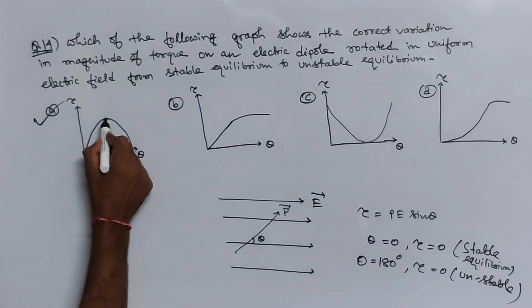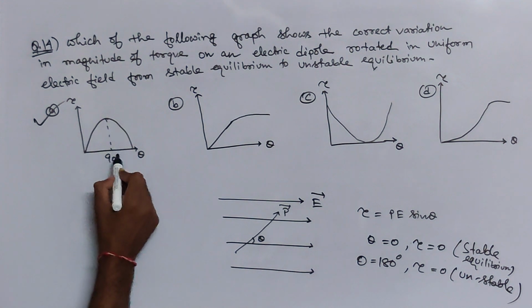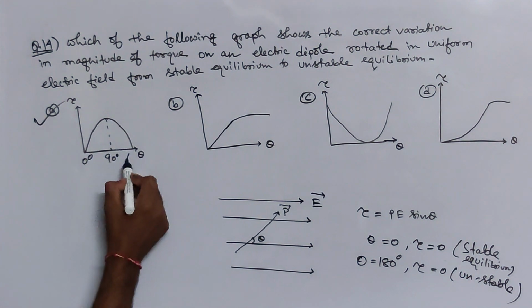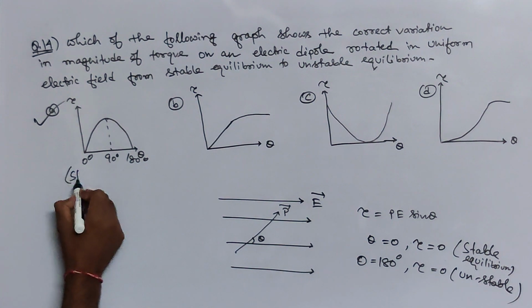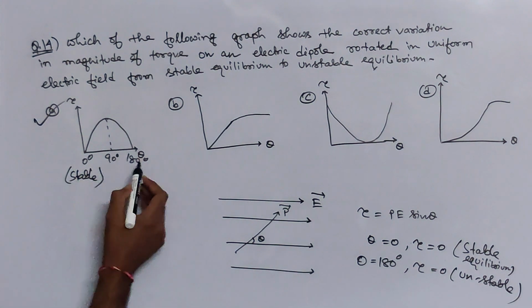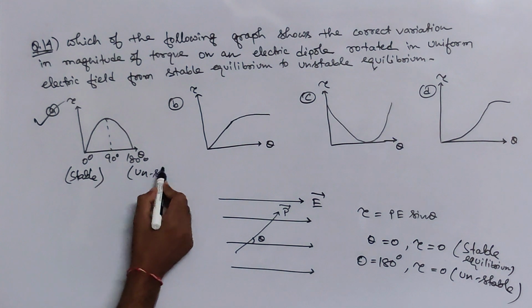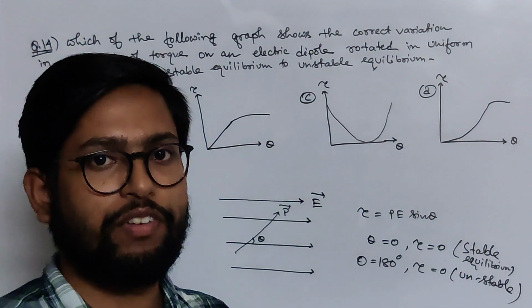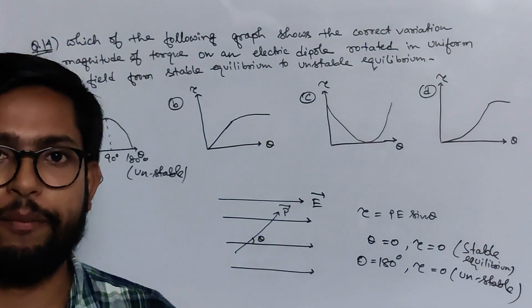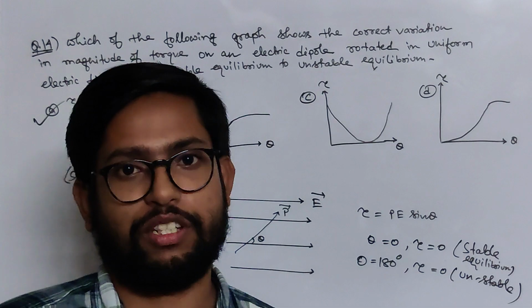When it is 90 degrees, it will feel maximum torque, and when it is 180 degrees, it will not feel any torque. This is the stable position, and this is the unstable position. But in both positions, it will feel zero torque. Okay, let's move to the next question.